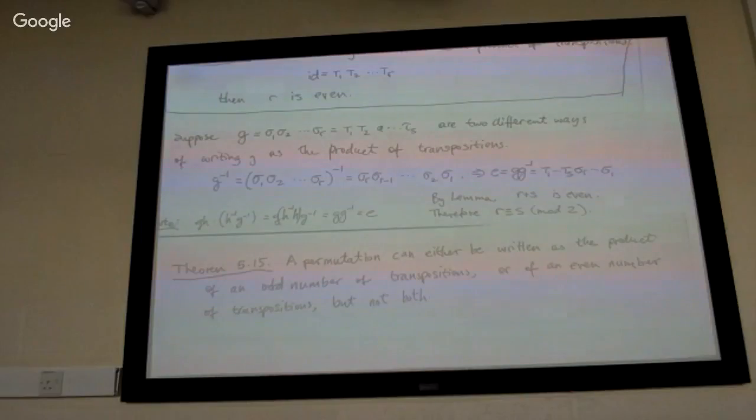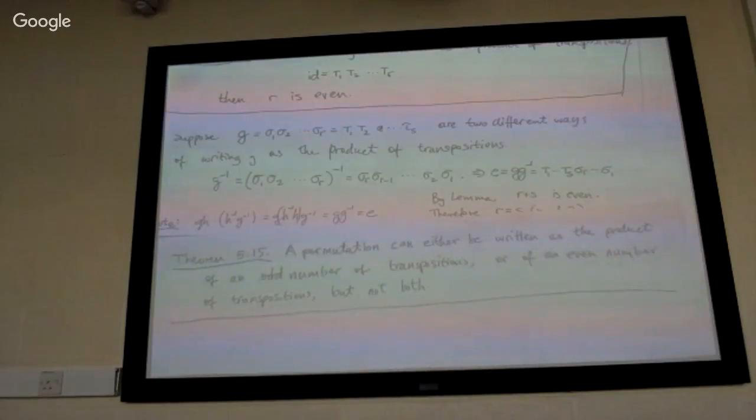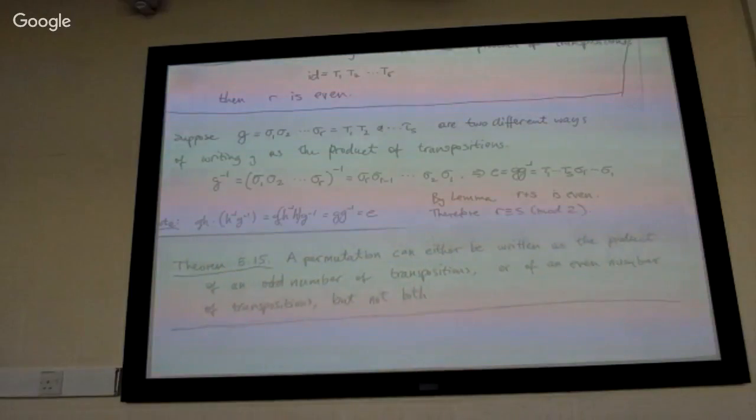I still owe you the proof for the lemma, but I might just tell you to read it in the book, because it's long and technical. So yeah, okay, I'll give it to you. This is my mark for think about at home.